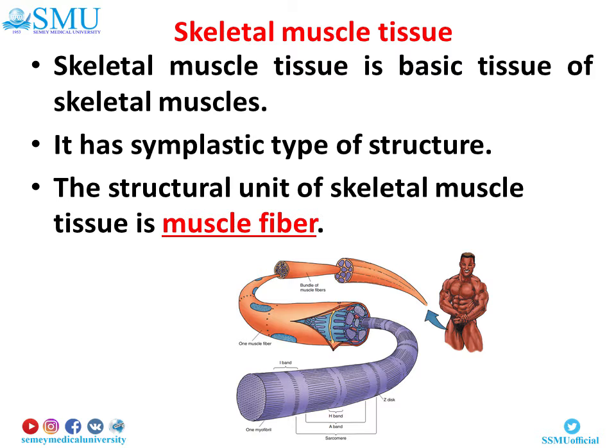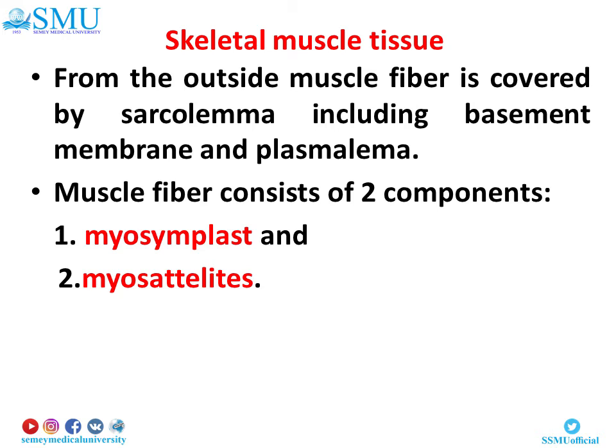The diameters of the fibers vary, ranging from 10 to 100 micrometers. From the outside, muscle fiber is covered by sarcolemma, including basement membrane and plasmalemma. Muscle fiber consists of 2 components: myosymplast and myosatellites.